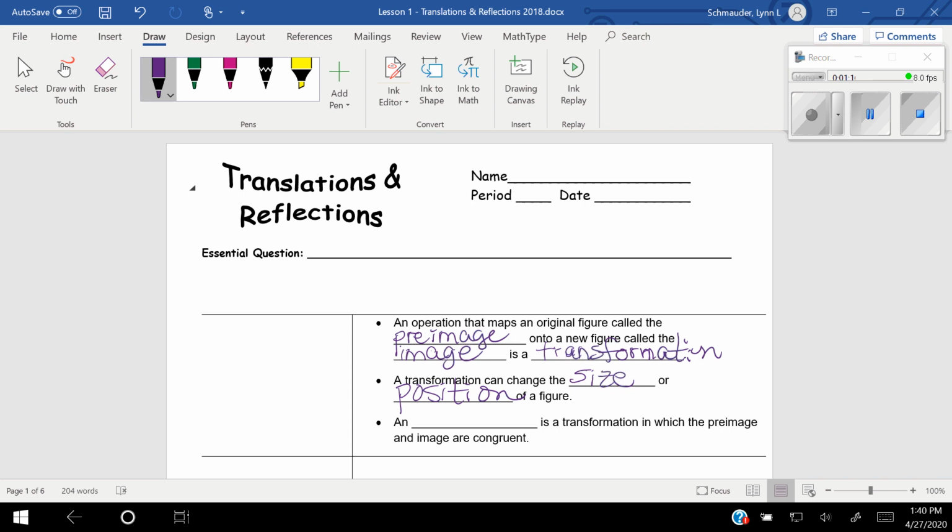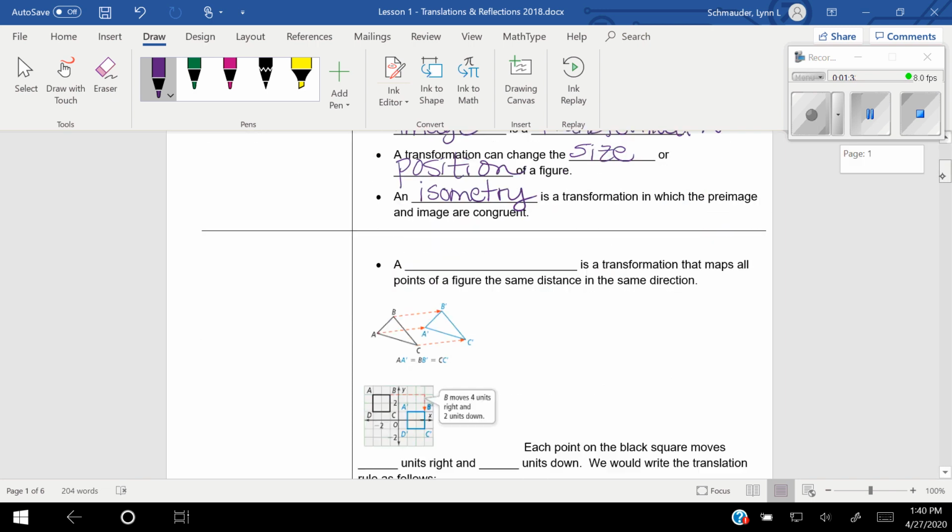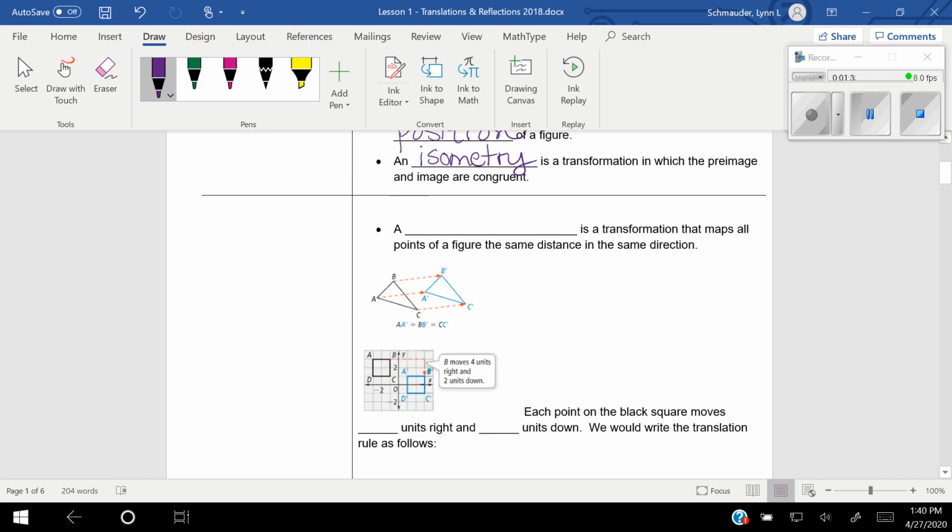Now, if we have a transformation in which the pre-image and the image are congruent, that's what's known as an isometry. Most of the transformations we'll be dealing with are isometries, but some are not. That's a good term to remember.